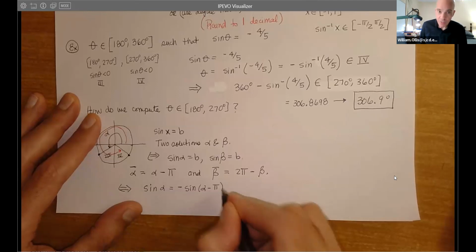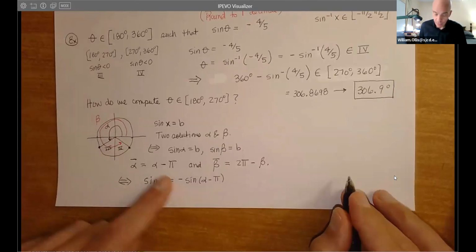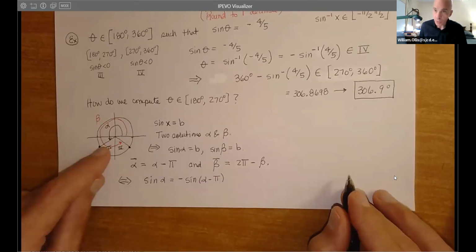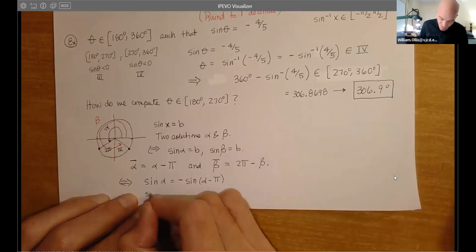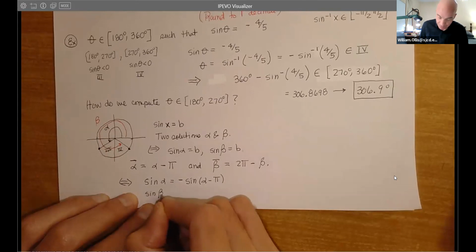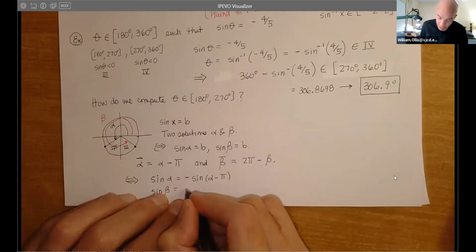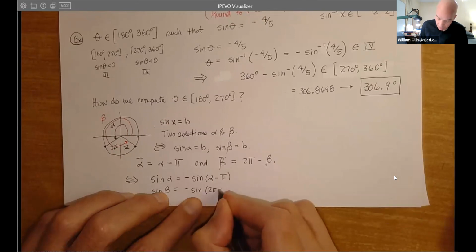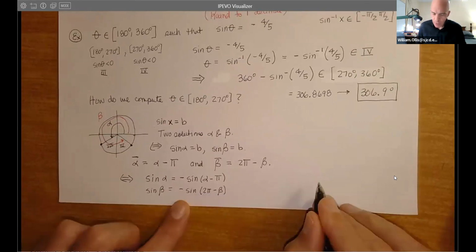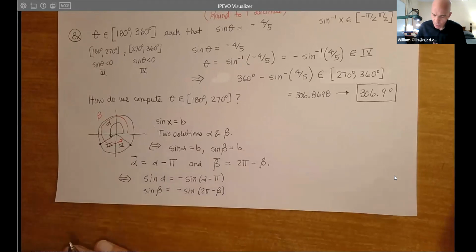That's using the reference number, because in the third and fourth quadrant, the sign is negative. And then sine of beta will be the negative of sine of 2 pi minus beta. So what's the relationship, so to speak?